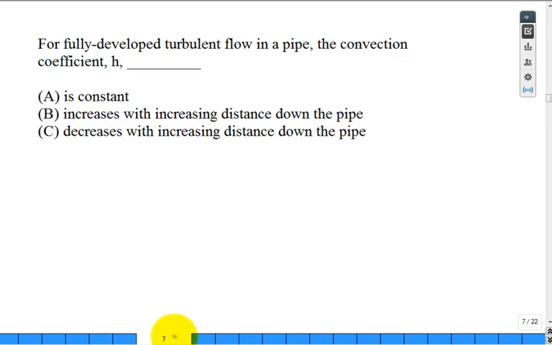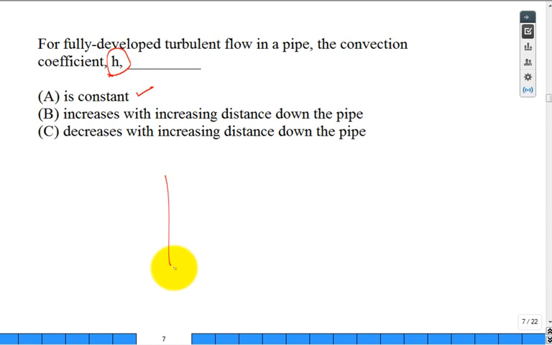Oh, the punishment never ends. For fully developed turbulent flow in a pipe, that's going to be the focus of the study for a little while now. The convection coefficient, lowercase h, not to be confused with the enthalpy, is either a constant or it increases with increasing distance down the pipe.